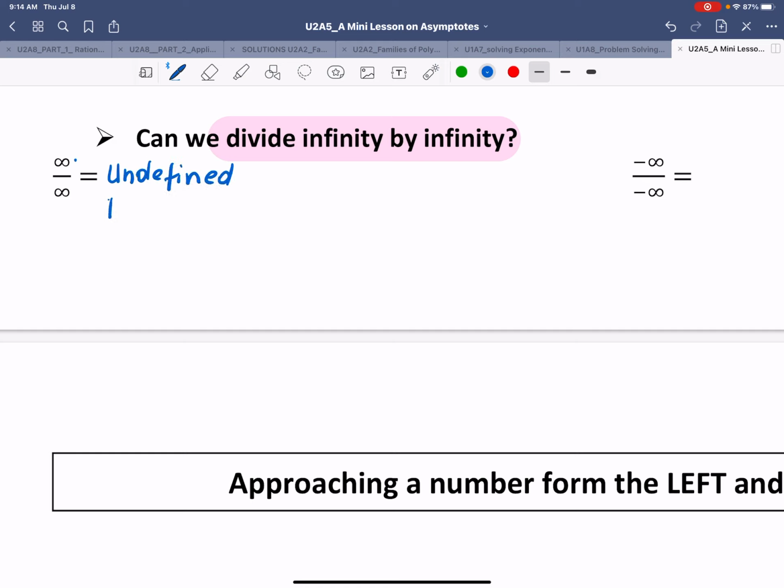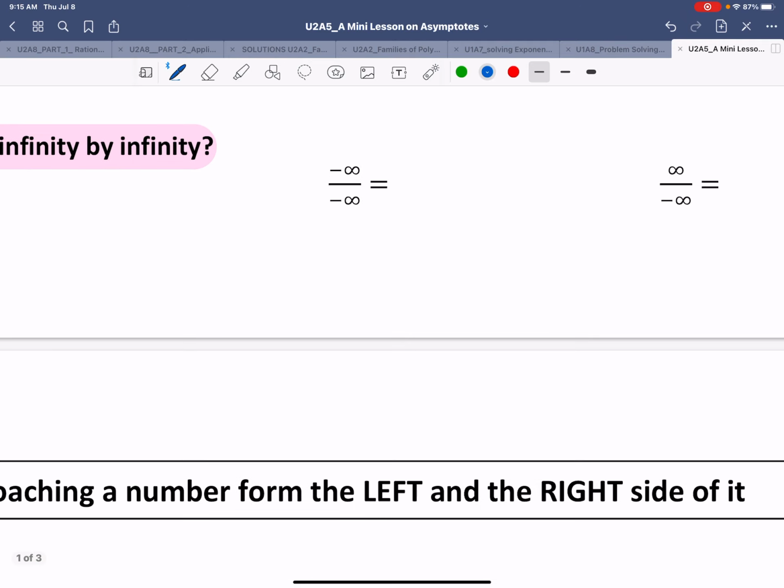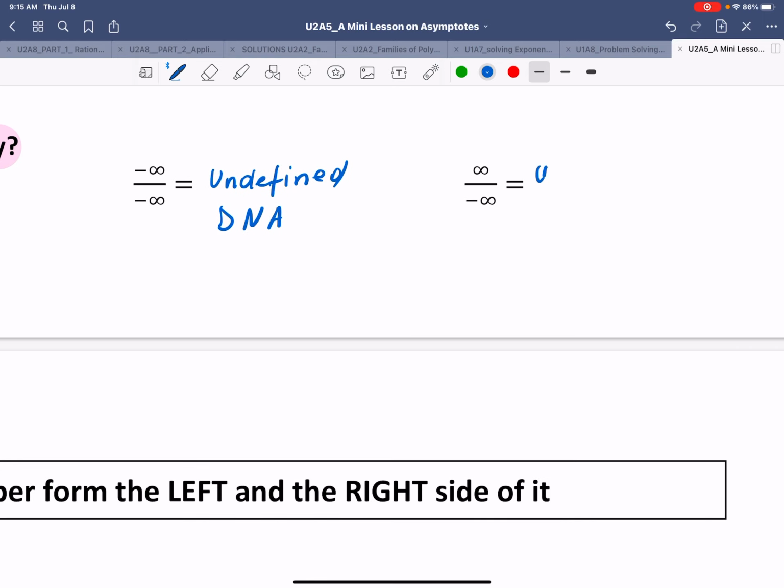Or some people like to say it doesn't exist, DNE. And the same thing applies to negative infinity divided by negative infinity. It's undefined, or it doesn't exist. Same idea here, undefined and doesn't exist. And when it comes to asymptotes that are calculated based on these kind of operations, we're going to use a special method actually.